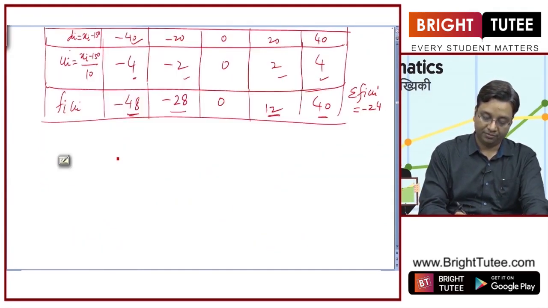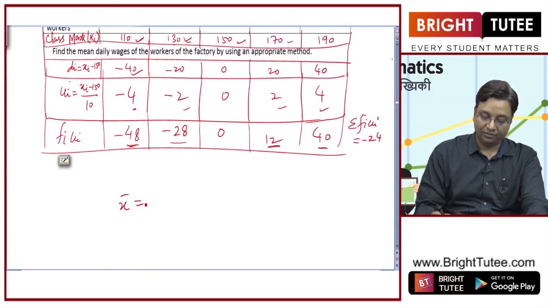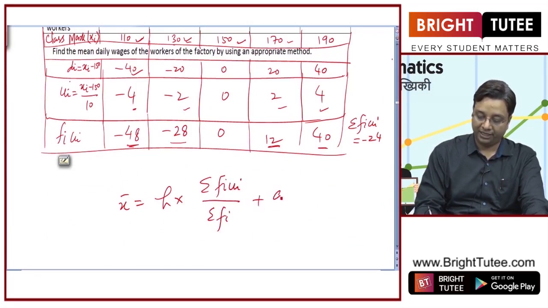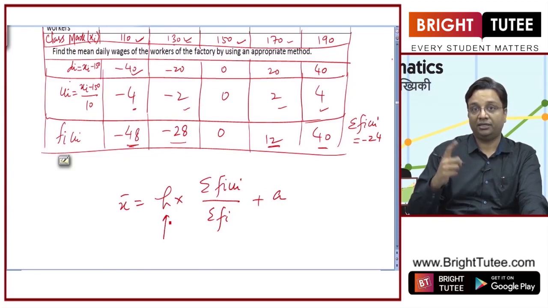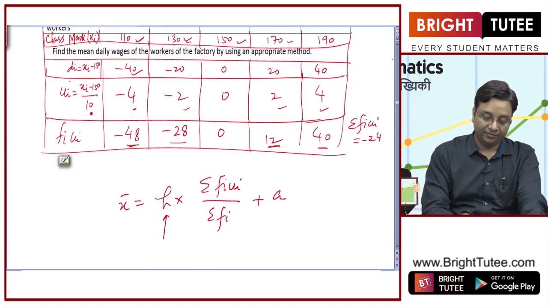right? So the mean daily wages will be equal to, what is the formula? h into sigma fi ui divided by sigma fi plus a. What is h? The number that we are dividing this di by, right?